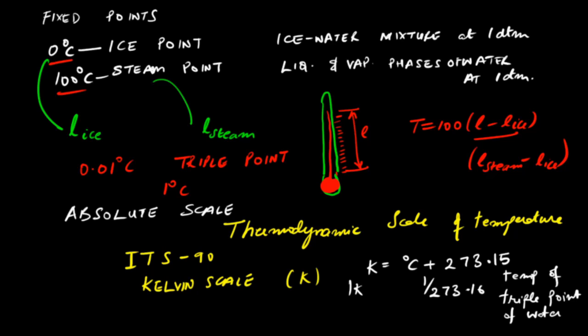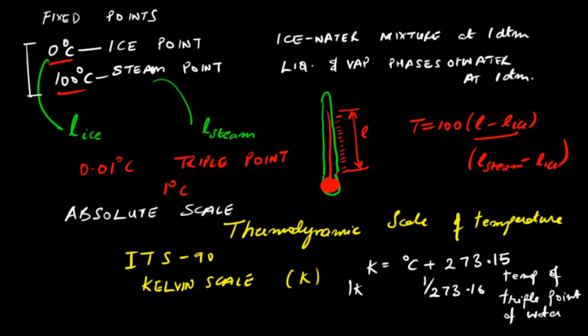We will not discuss the details of the ITS 90 standard, but essentially, similar to what we've defined here in terms of ice point and steam point, the ITS 90 standard defines various fixed points and the rules to interpolate between these fixed points.